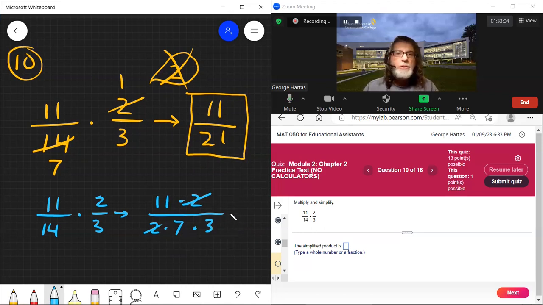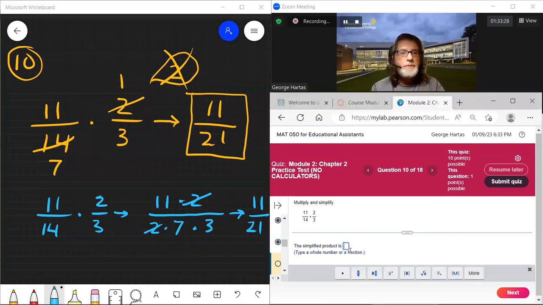No. So what is left over? 11. 7 times 3 is 21. And there it is. We already knew that. So you can use this technique here or this technique to multiply or reduce. So let's type in 11 over 21.